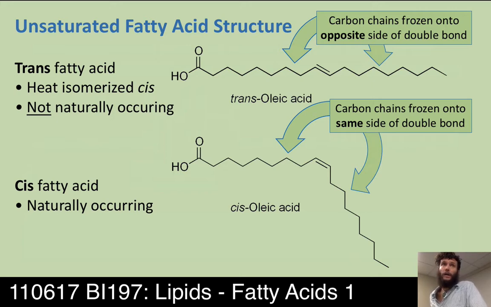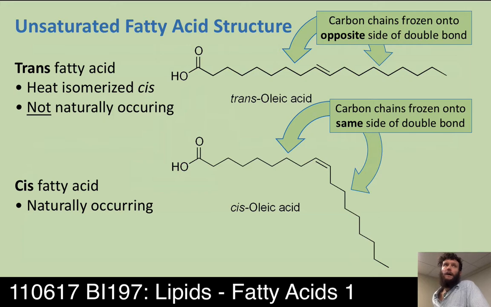So here's our friend oleic acid again that I showed you in the beginning. And it has a double bond at, what is that there? 1, 2, 3, 4, 5, 6, 7, 8, 9. It's an omega-9 fatty acid. And in the bottom is the cis oleic variant. And the carbon chains are emerging from the same side of the double bond.